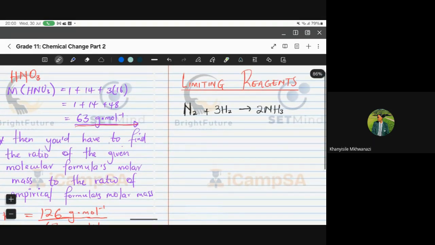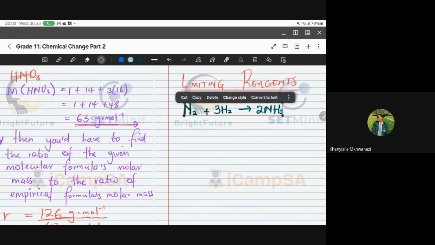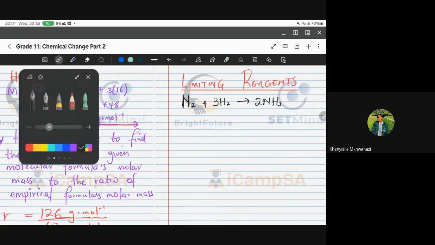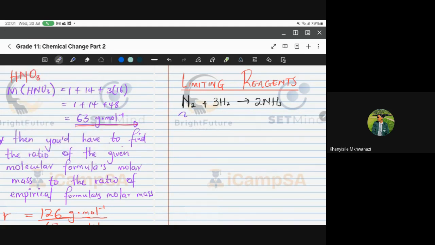Okay, let's do this. Remember what I said, a limiting reagent is the one that will get finished faster, while the opposite of that is what you call an excess reagent. I should be writing these notes for you. I don't know why I'm only speaking. Let's do this.